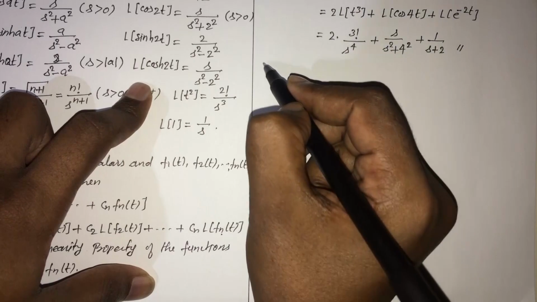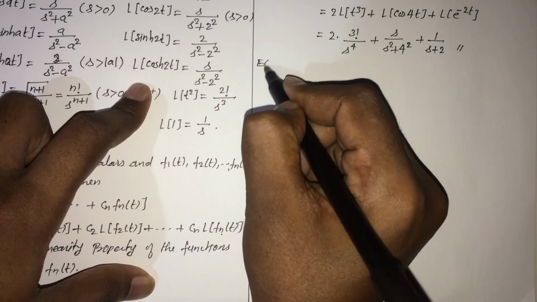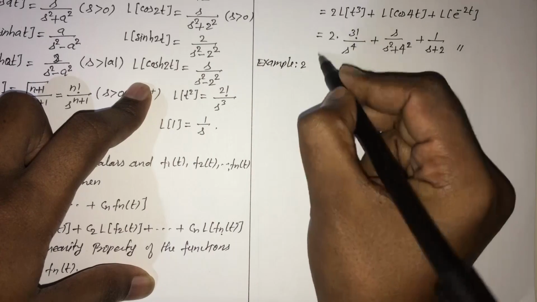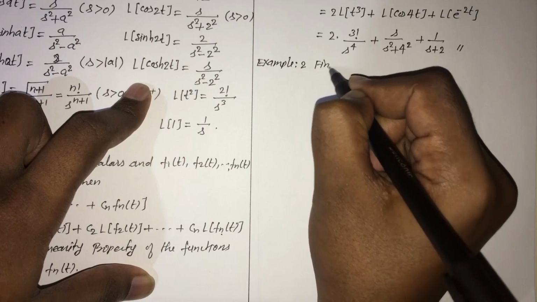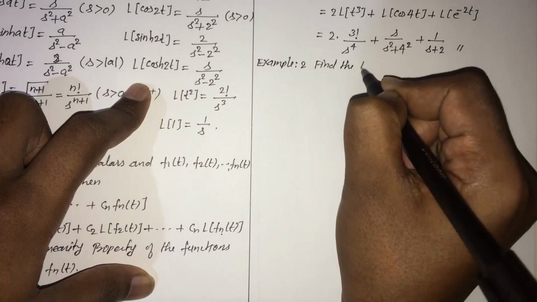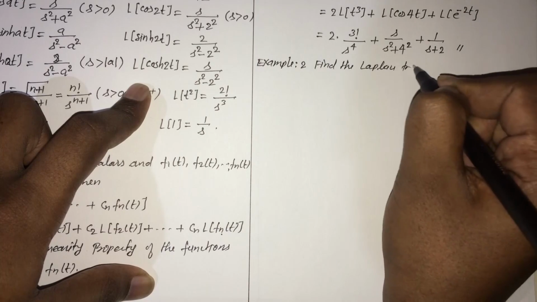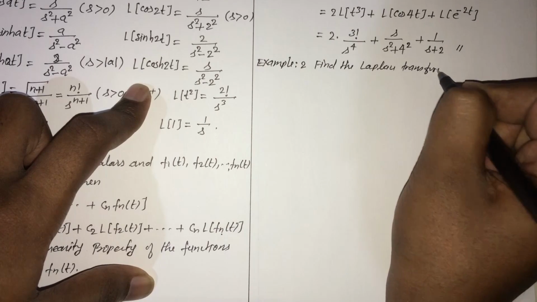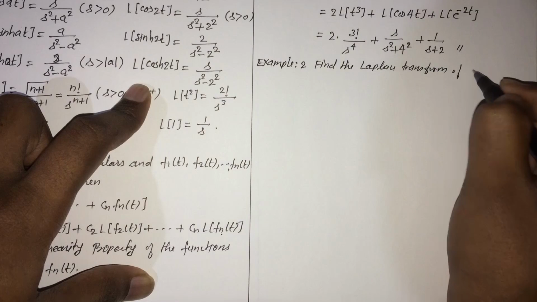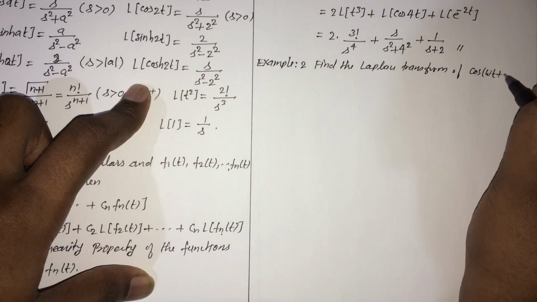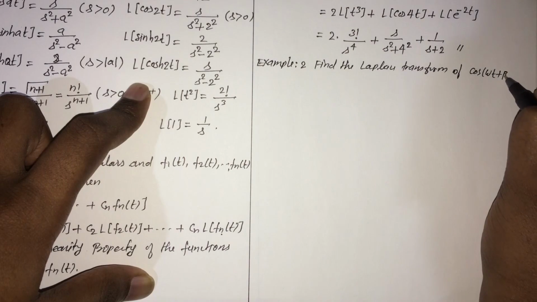Now next example, example number 2. Find the Laplace transform of the function cos of omega t plus beta.